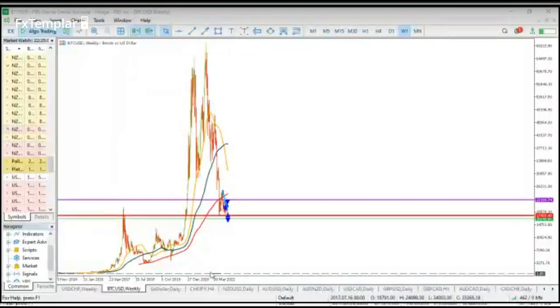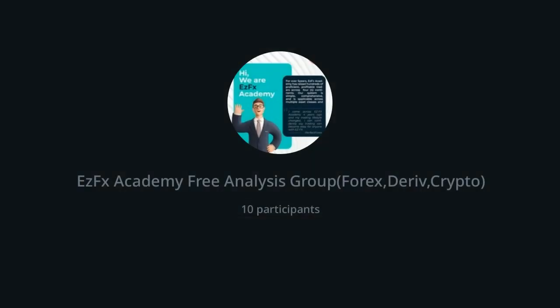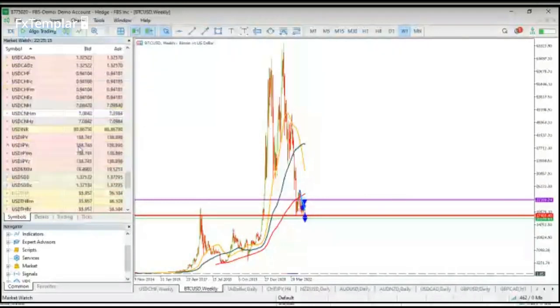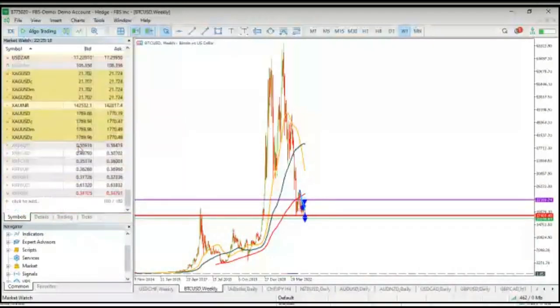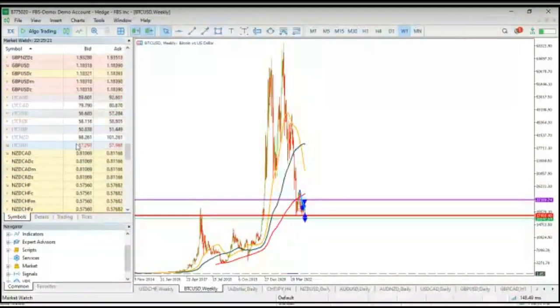What other commodities is that? US 100. Let me see if I have that on this account. I don't think so.